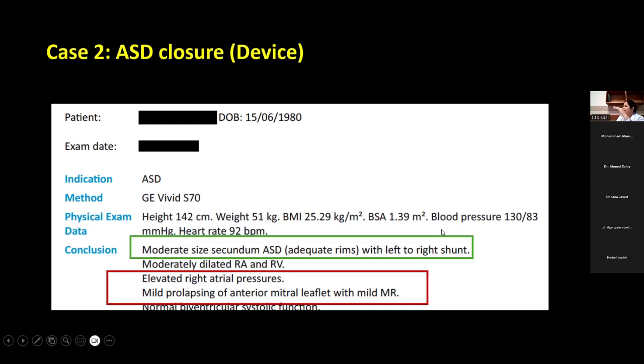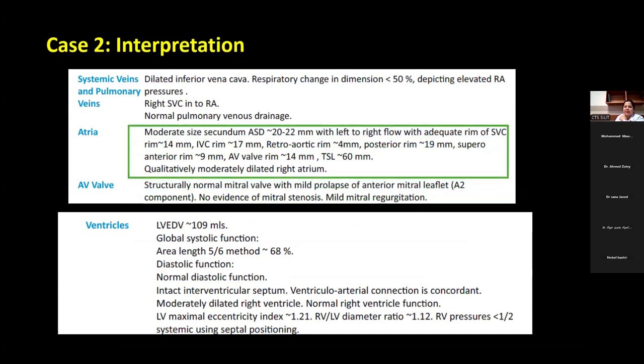So this is a middle-aged person who has ASD, and the findings will be accordingly and we have to interpret accordingly. If you just look at this, the rim sizes are perfectly normal and very appropriate for device closure.